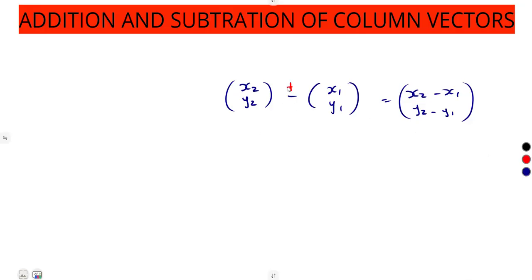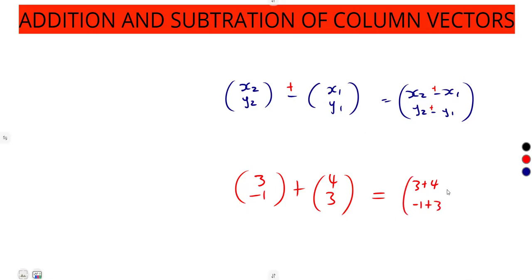If it was addition, you're going to add the values of x together, and the values of y separately like that. So let's consider, for example, you're given (3, -1) plus (4, 3). To add, you add the x values together, 3 plus 4, then the y values, minus 1 and 3.